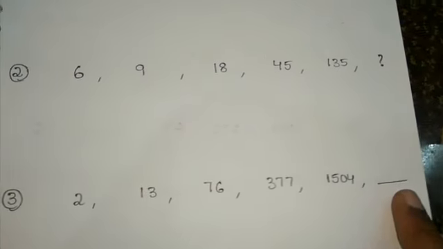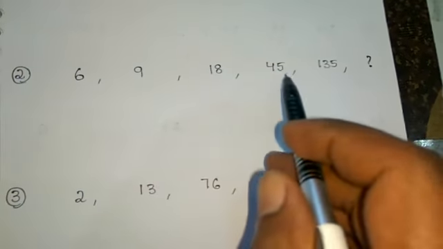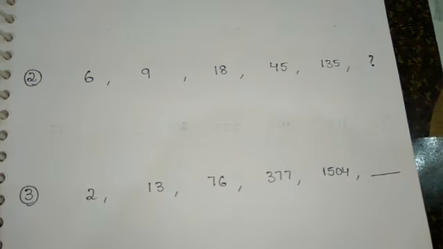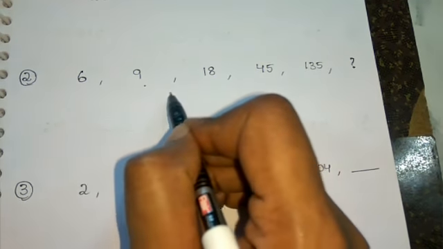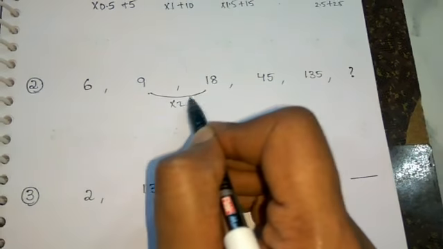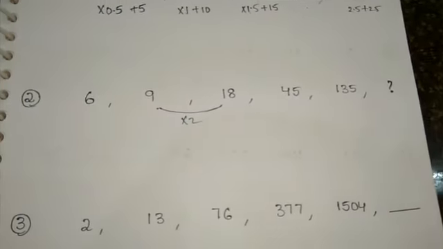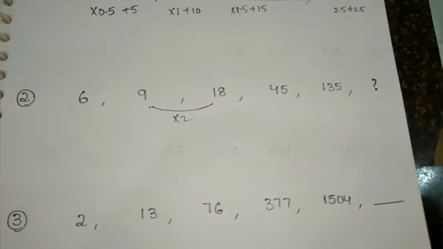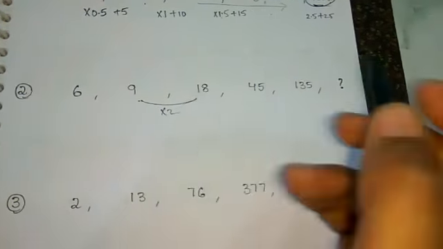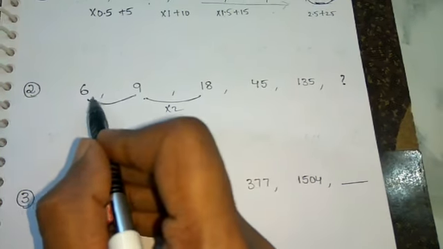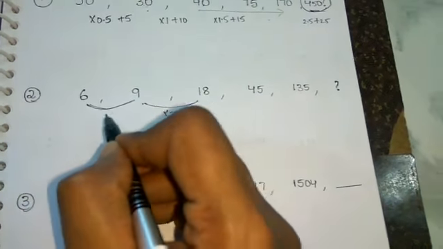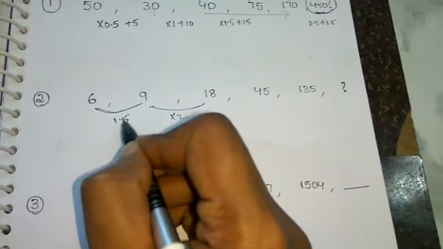Okay. The next question: 6, 9, 18, 45, 135, etc. Whenever you find a series, there is a possibility that into 2 is happening here. If into 2 is happening, what can happen? 6 into how much is 9? 6 into 1.5 is 9, right?